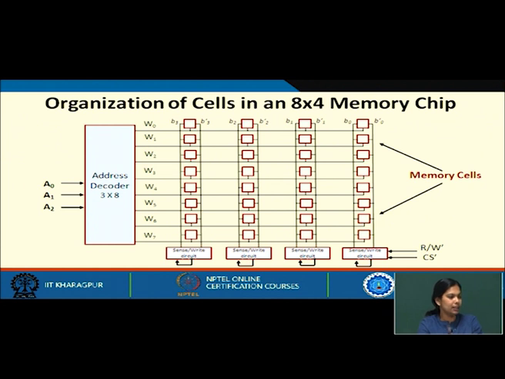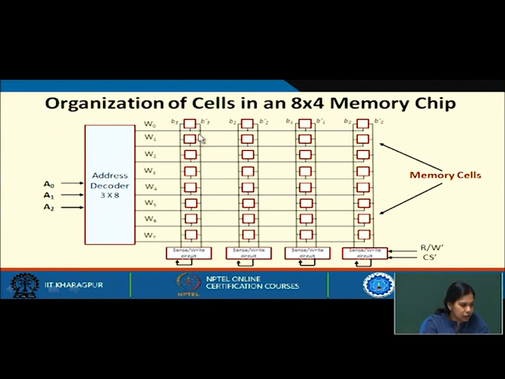Now, let us see the organization of cells in an 8x4 memory chip. Let us see how it is organized. You have 8 rows: this is the first row, second row, third row, fourth row, and this is the 8th row.